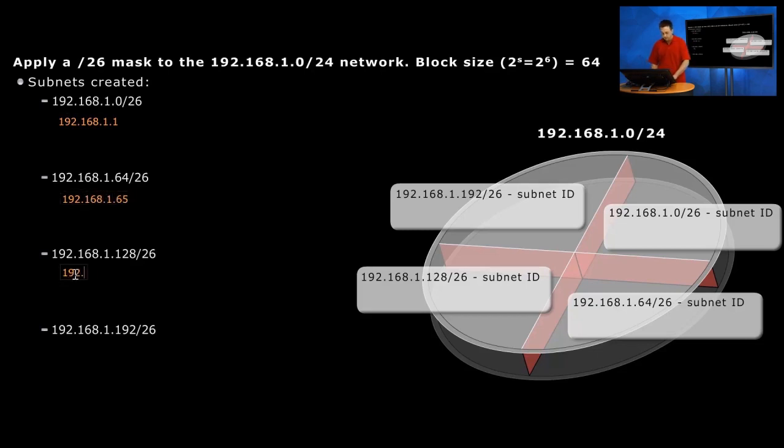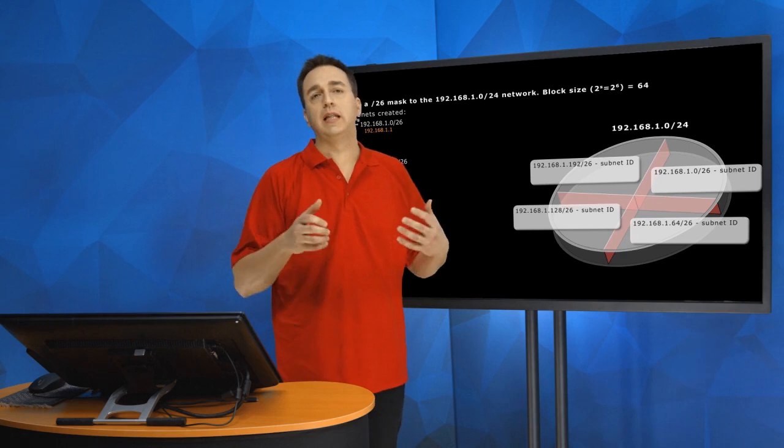In this case, we're going to have 192.168.1.129. And in this example, we're going to have 192.168.1.193. So finding the first usable address is a very, very simple process. Just add 1 to the subnet ID, and you know the first address that you can start assigning to those end stations. But now, what is the last usable address?